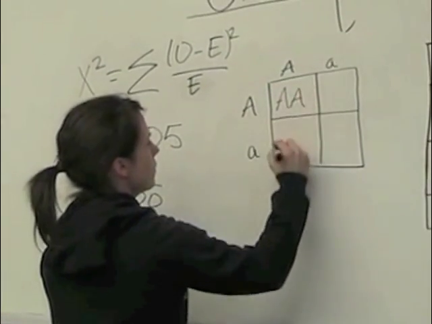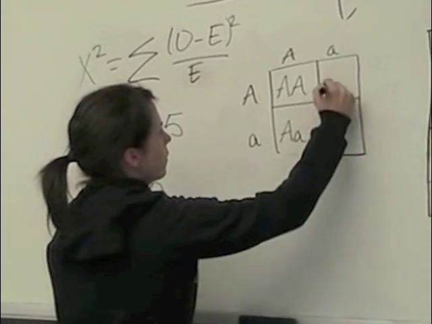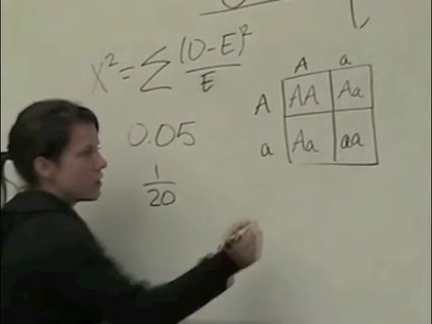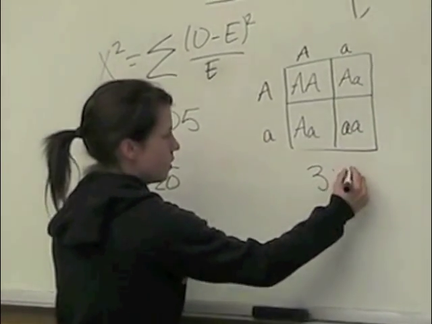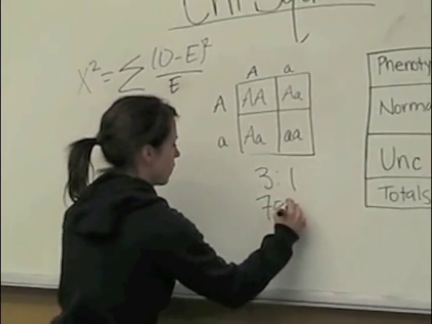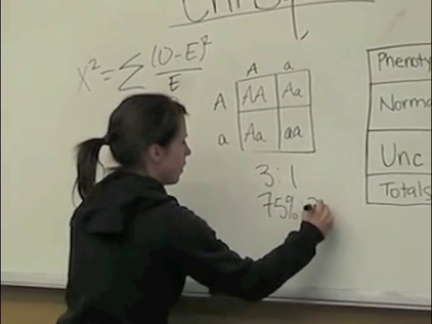Filling out the square, we get a ratio of 3 to 1, which translates to 75% and 25%.